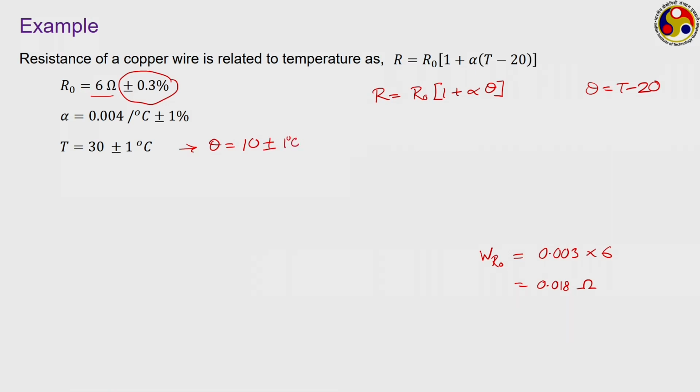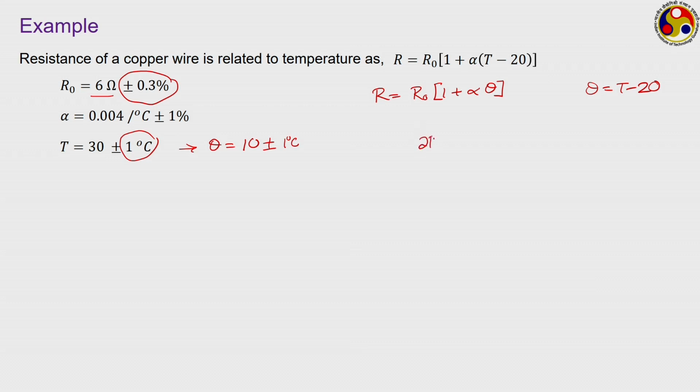Look at the way the uncertainty is given for this temperature. Here there is no percentage, just an exact value. That means in any temperature reading we may have plus minus 1 degree Celsius error. So from this relation, let us try to calculate the sensitivity in the final R.